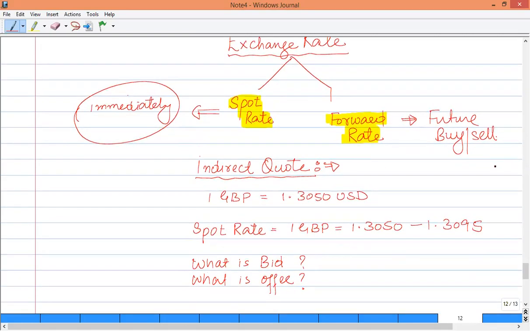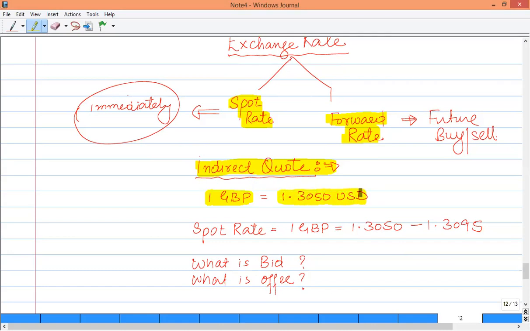Now, in any country or in any market, the rates that are being quoted can be classified as indirect quote or direct quote. In this video, we'll be discussing what an indirect quote is. In an indirect quote, the characteristic is that the local currency, that is the home currency or the domestic currency, will be given as one unit, and the foreign currency will be given as a rate.